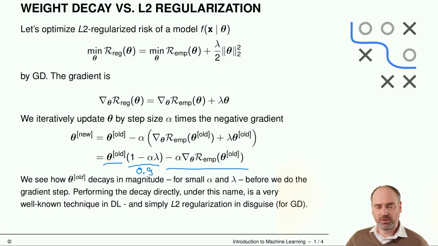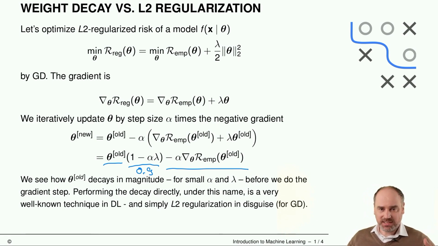So what happens now in gradient descent? You take your theta old, the position where you currently are, you multiply every component by 0.9, consequently shrinking their magnitude a little bit, and then doing the normal gradient descent step on the unregularized objective. And this is exactly what happens then in regularized risk minimization with L2. And this is why we call that weight decay, because we do a decaying weight step.